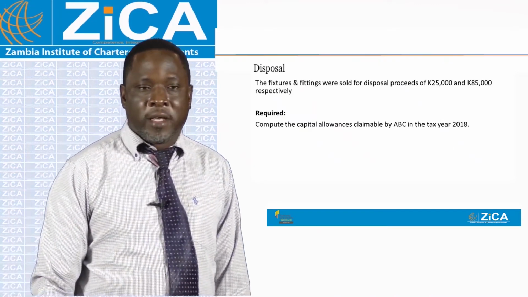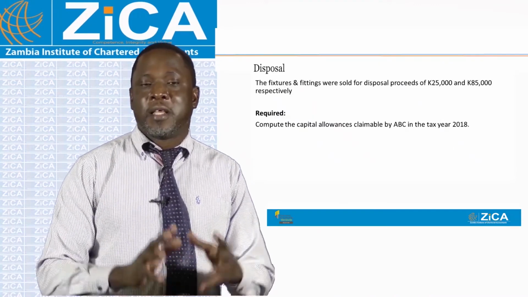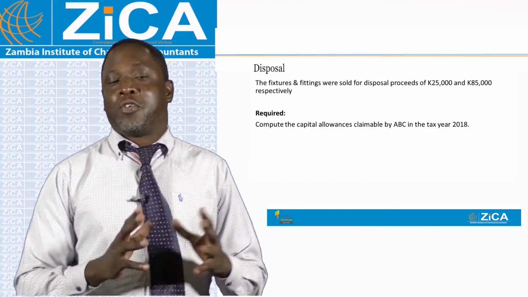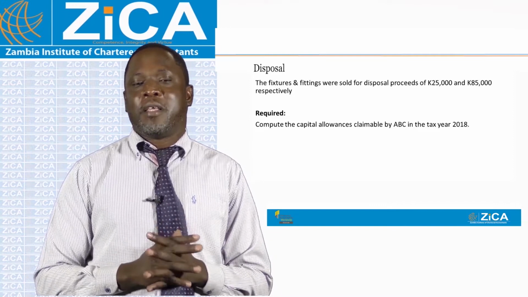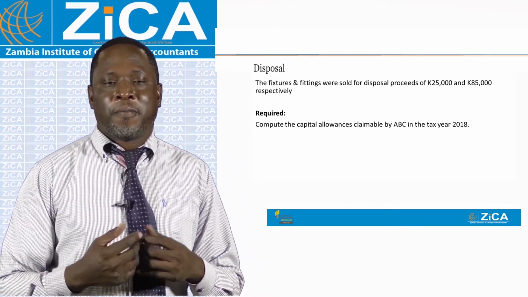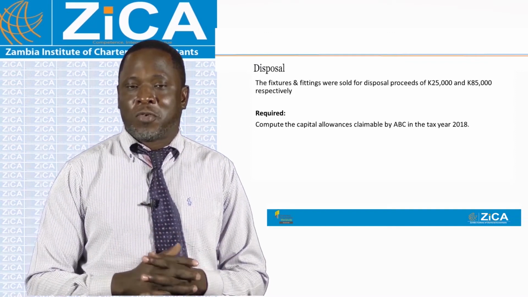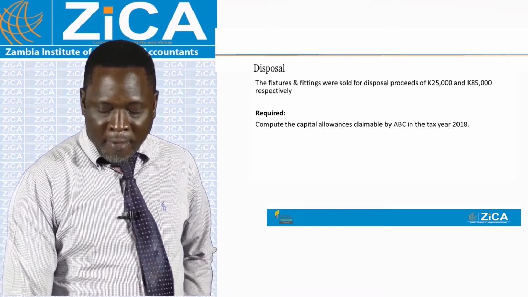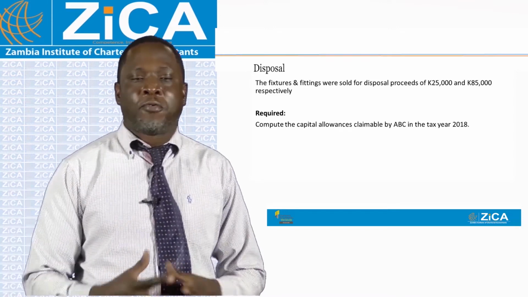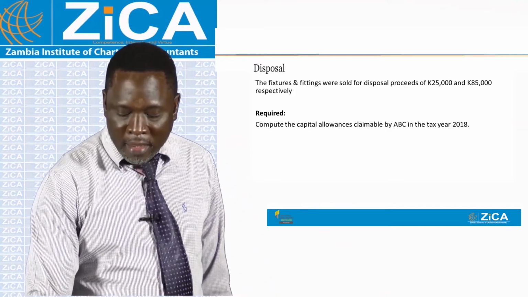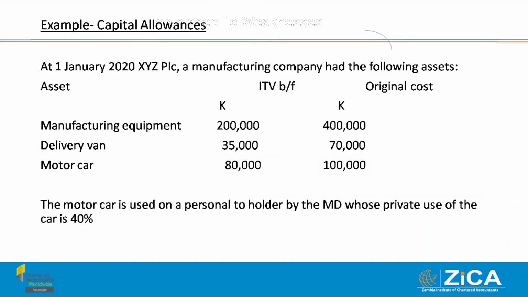Even before we go to the requirement, we have also been told that during the year, this company sold some fixtures and fittings for disposal proceeds of 85,000. Then the requirement is to compute the capital allowances claimable by the company in that particular tax year.